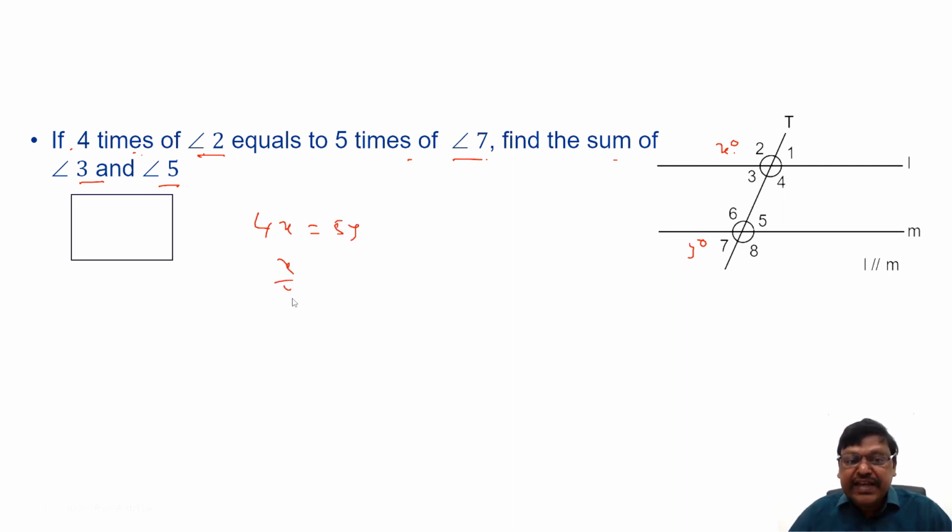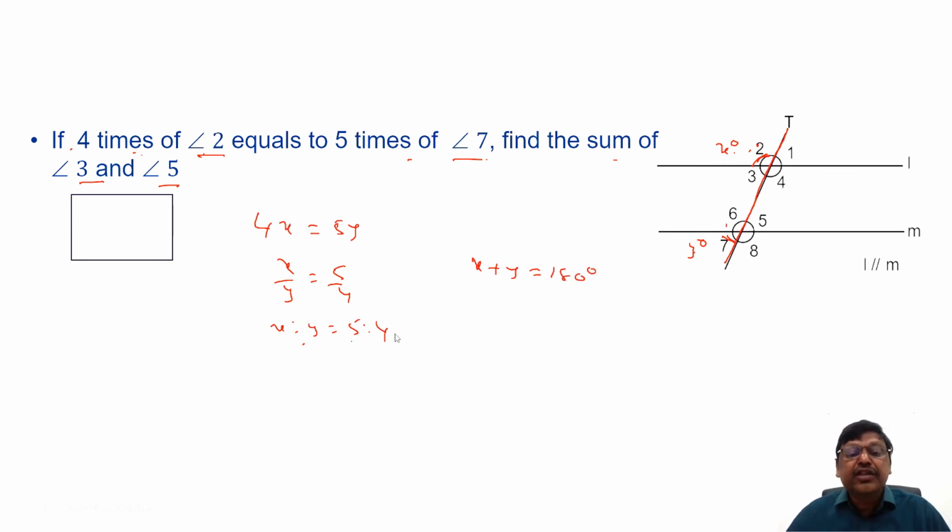So from this we can say x by y equals 5 by 4, or x is to y is 5 is to 4. But we know angle 2 and angle 7 are exterior angles on the same side of the transversal. Two exterior angles on the same side of the transversal, the sum is 180, which means here angle 2 plus angle 7 is 180. In other words, x plus y is 180.